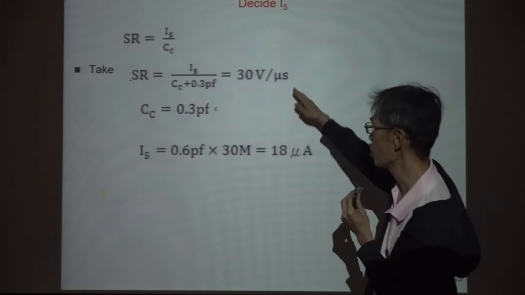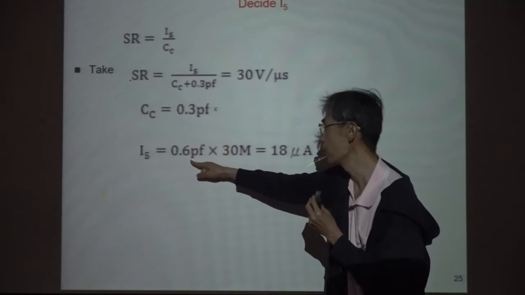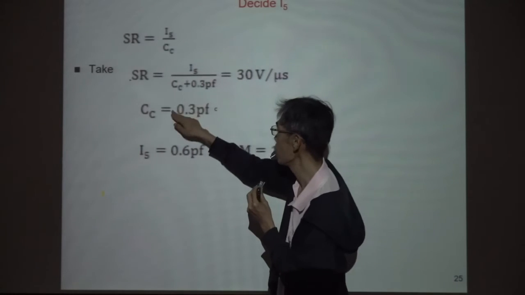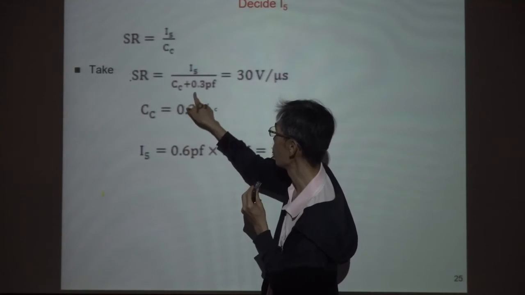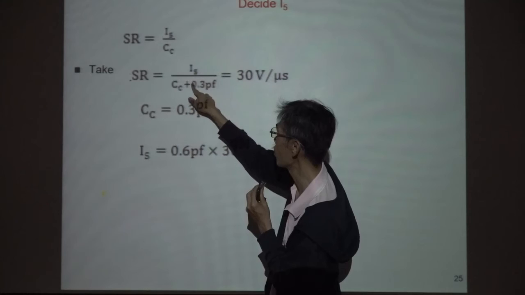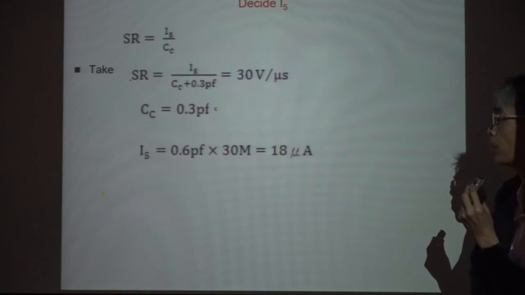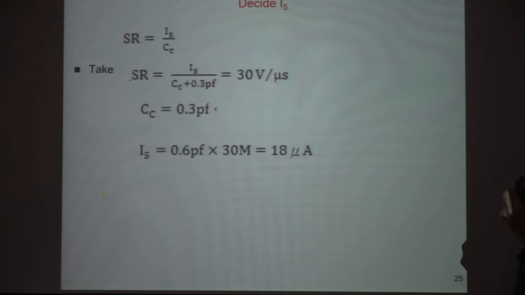So using this equation, you can get your I5 value. CC is this, and we just pick some number here. Okay, next page.